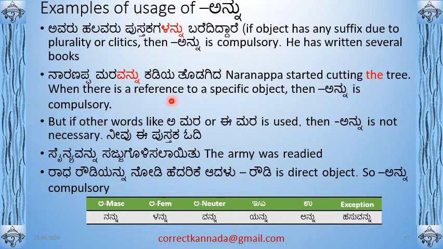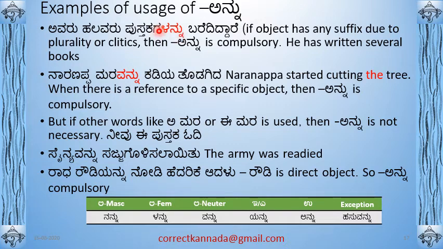More examples. Avaru halavaru pustakagalu baredaddare. So here pustakagalu. So that's why pustakagalannu we are saying. Avaru halavaru pustakagalannu barediddare. Because you are using the plural of pustakagalu, so you are using pustakagalannu.